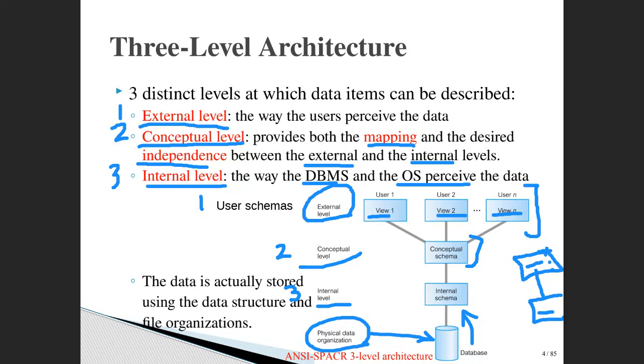The second level is the conceptual level. This is where we can represent the data, for example, if we have, let's talk about this SIS, okay? How we can represent the data logically.